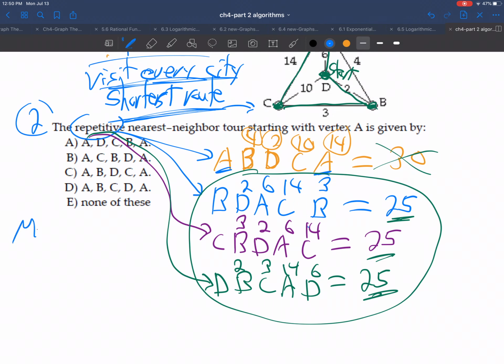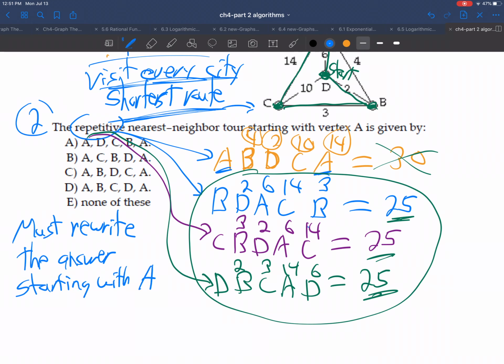You must rewrite the answer starting with A, because they said so.